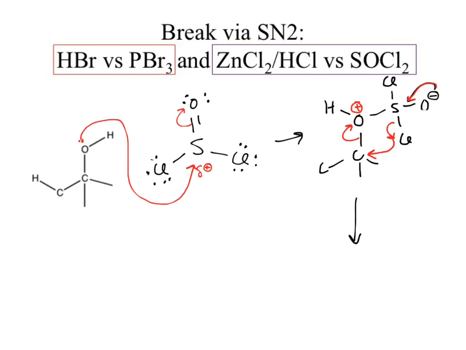Okay. This brings up an interesting dilemma. What happened as far as the stereochemistry goes? Let's say that that carbon-oxygen bond was wedged. What would our product carbon chloride bond look like?